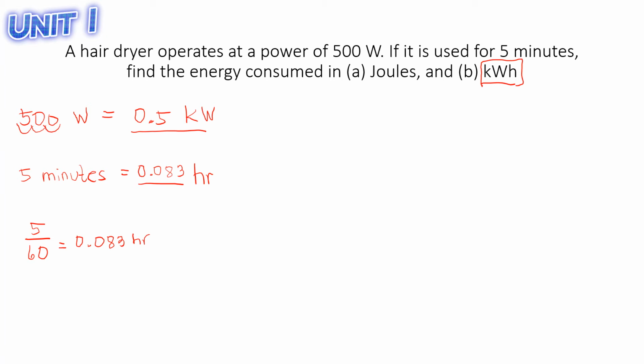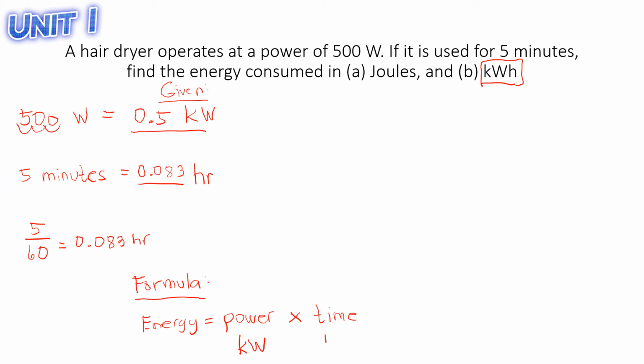So we already have our given: 0.5 kilowatt. What will be our formula to use? The formula is energy is equal to power multiplied by time. For this formula, we're going to solve using kilowatt and hour. So here's our solution: energy is equal to power multiplied by time.